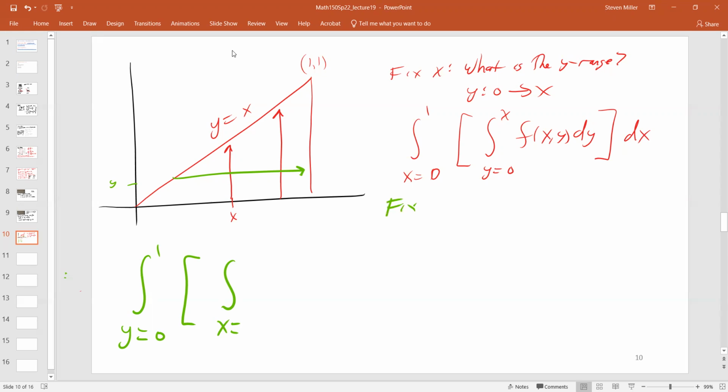So if you fix a value of y, what's the first value of x that you have inside the triangle? Y. Y is the first. And now what is the last value of x? You start at x equals y, and where do we end? End at 1. So x would go from y to 1.